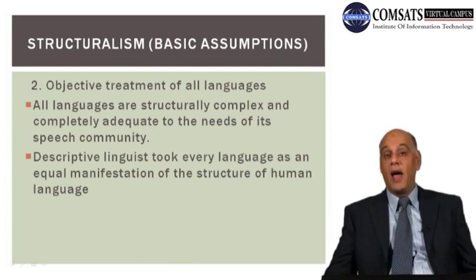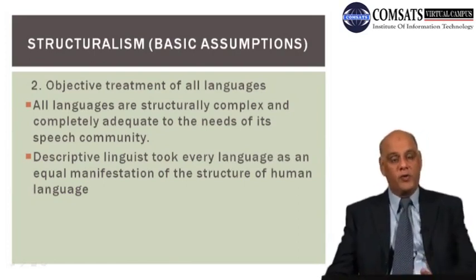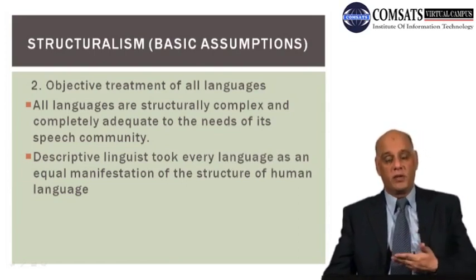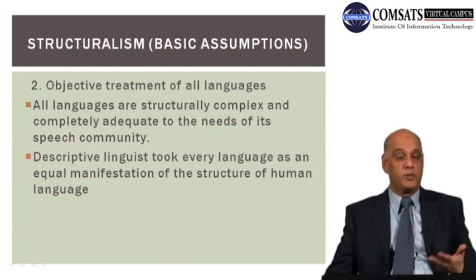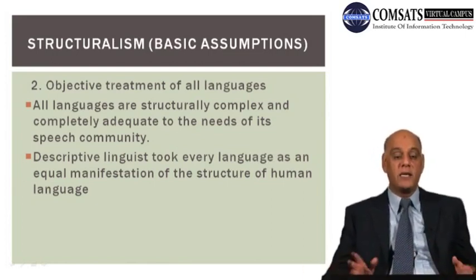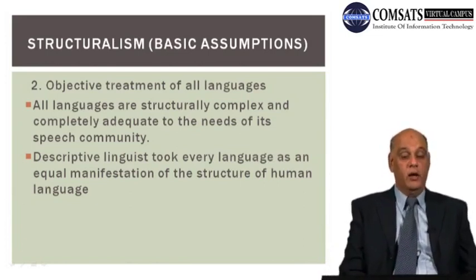The speech community has enough words to survive. The speech community is sufficiently equipped with those words or language which help it to communicate. So it's structurally complex, but it's completely adequate to the needs of the speech community.